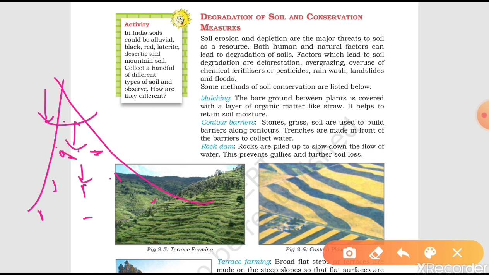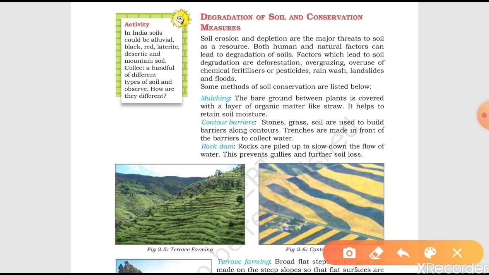These are the trenches where the water gets collected, so that the downfall of water does not happen. Therefore, barriers are arranged on this steep slope. Okay, this is contour barrier.